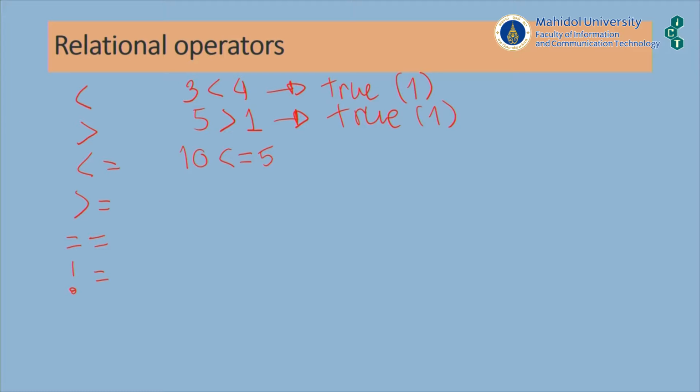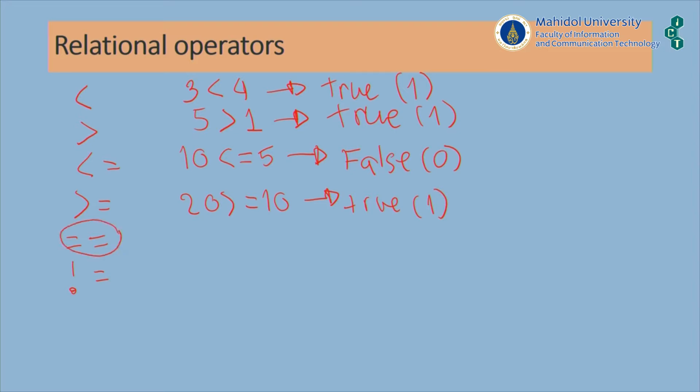Is it correct? 10 is more than 5, so you get false here, which is 0. How about the other one? If I ask 20 more than or equal to 10, the answer is true.